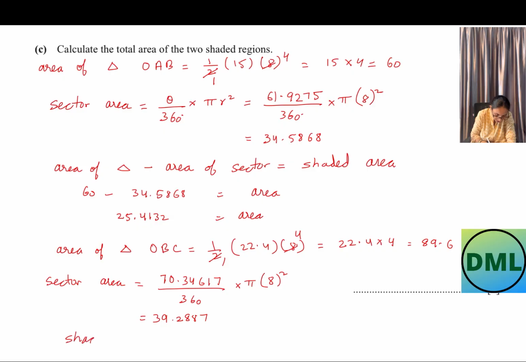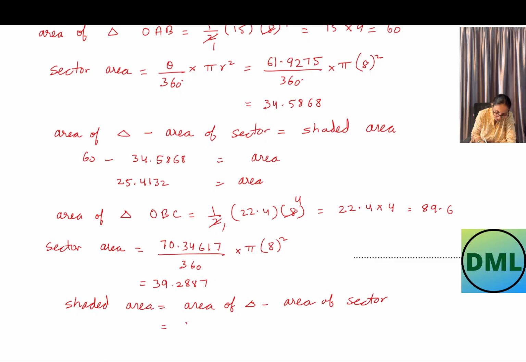Shaded area is given as area of triangle minus area of sector, which will be equal to 89.6 minus 39.2887. If you subtract this, your answer will be equal to 50.31128.